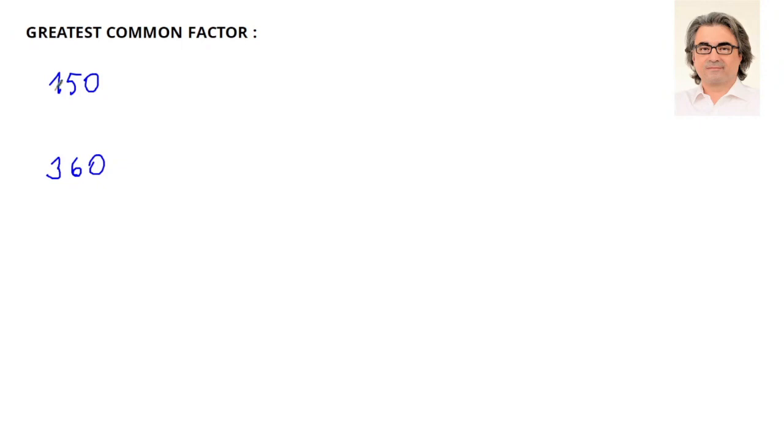I don't need to find the others. So how may you find it? The greatest common factor is the greatest number that divides both 150 and 360.